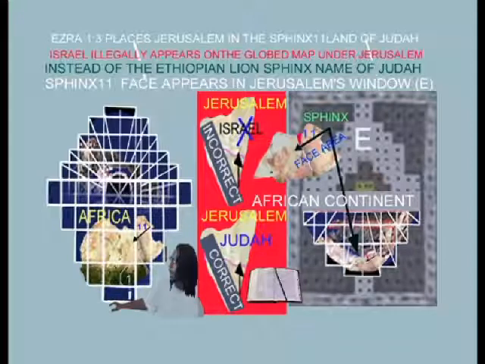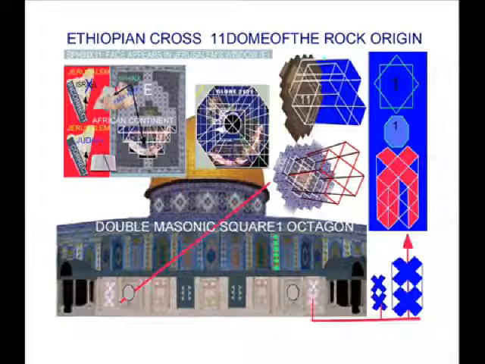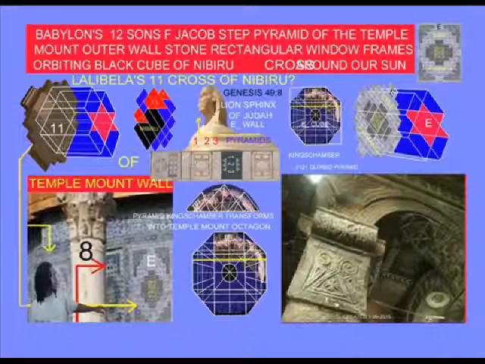As it turns out, we see images of this octagonal building structure that has a golden dome, outer wall, stone rectangular window frame area as step pyramid images, which actually confirms the step pyramid base that surrounds a stone cross-shaped building structure in Lalibela.